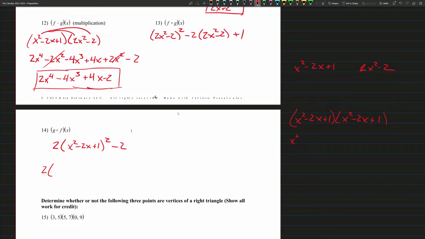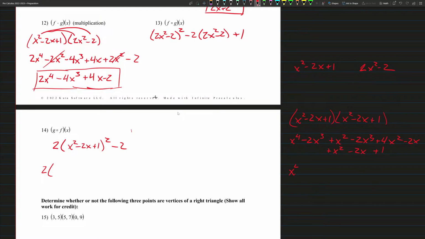So we get x to the fourth minus 2x cubed plus x squared minus 2x squared plus 4x squared. That should be a cubed. Minus 2x plus x squared minus 2x plus 1.